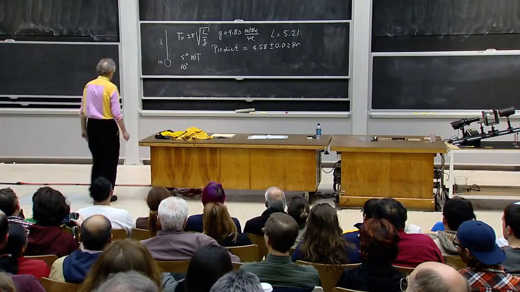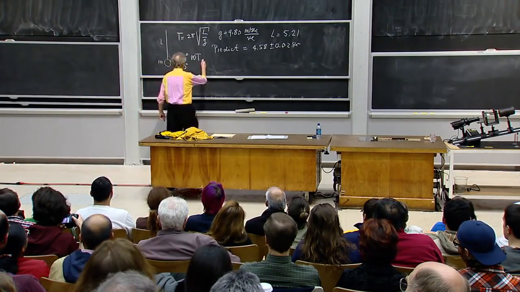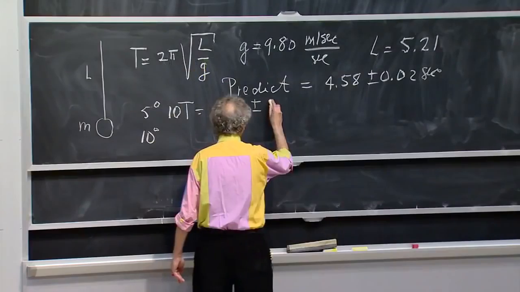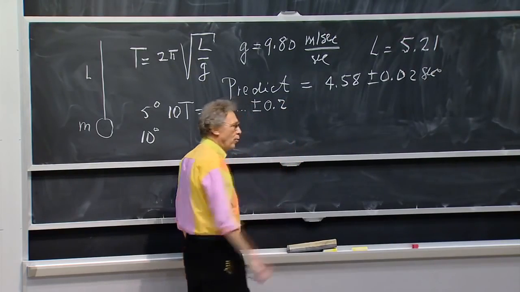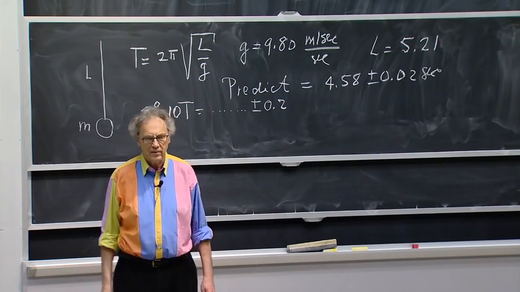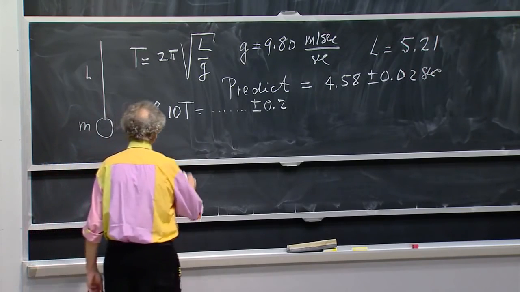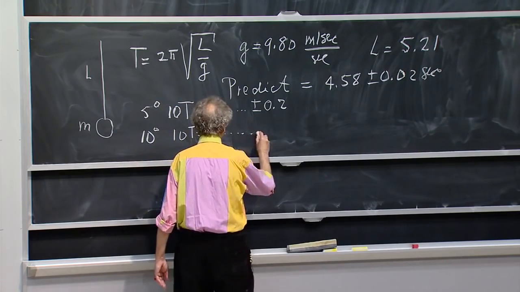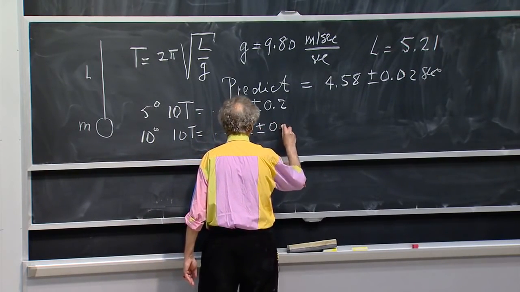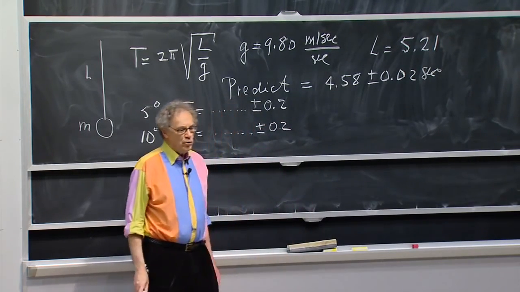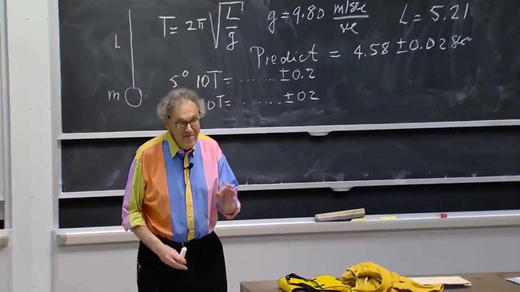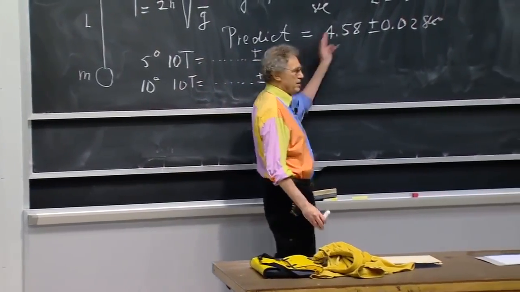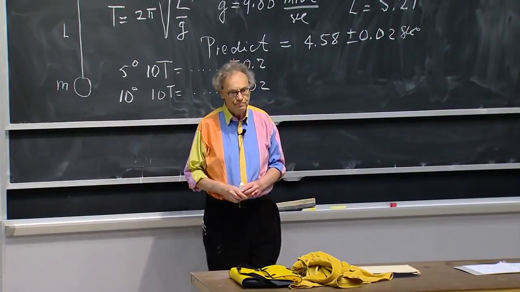So the 10t is going to be some number plus or minus my own inability, which is my 0.2 seconds reaction time. I can't change that. And then I do it at 10 degrees, and we get again a number, plus or minus 0.2 seconds. And I'm going to demonstrate to you that within the uncertainty of the measurements, I get the same numbers in all 3 cases.